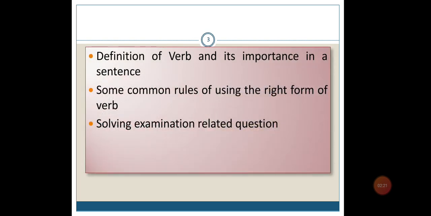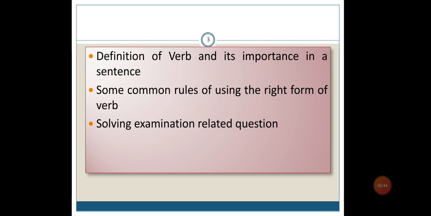In this class, we will discuss the things you can see on a screen: definition of verb and its importance in a sentence, some common rules of using the right form of verb, and solving examination related questions.